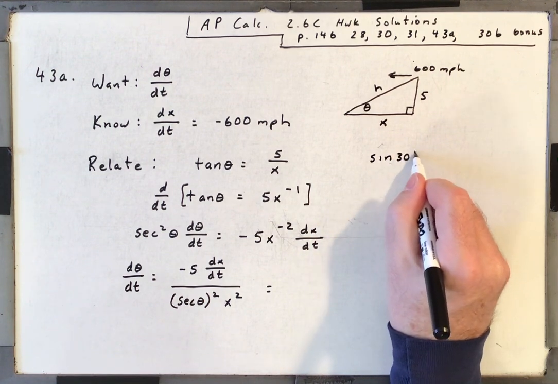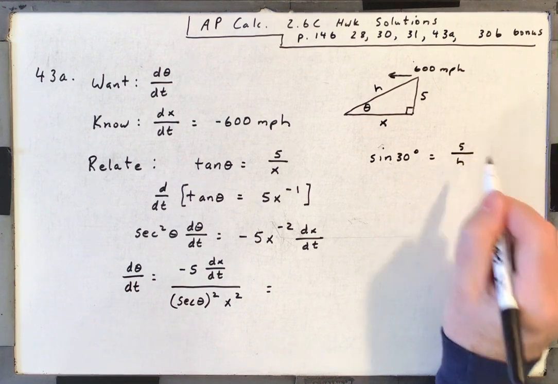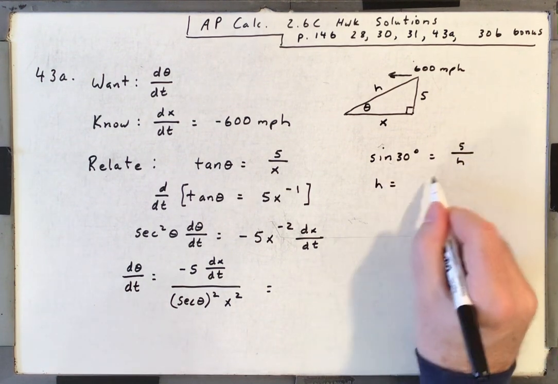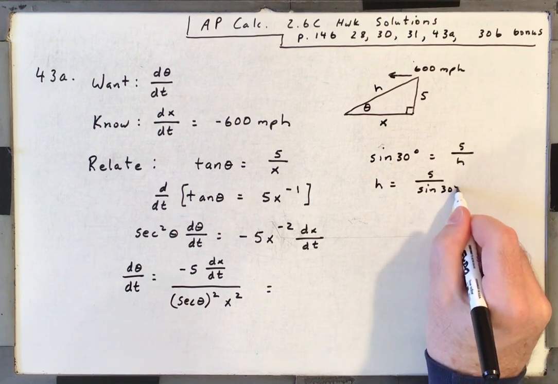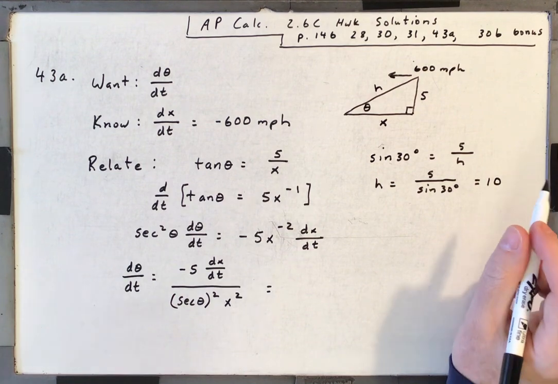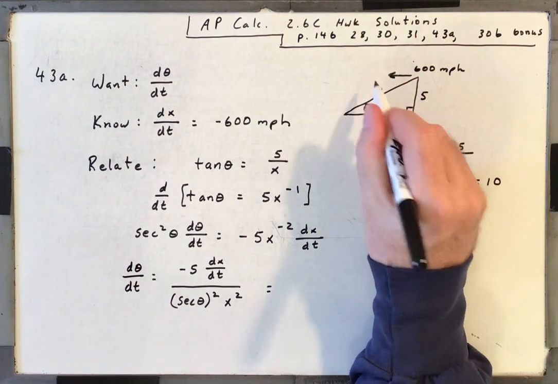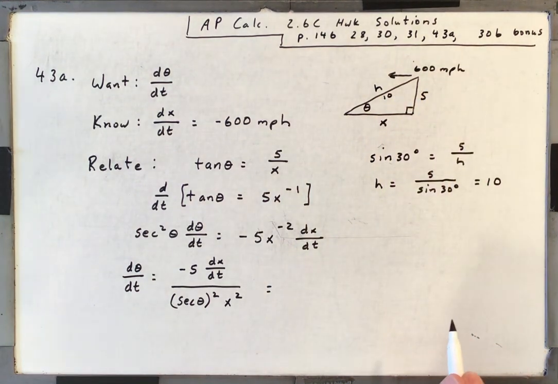The sine of 30 degrees is equal to 5 over h. So h is equal to 5 over sine 30. Sine 30 is a half. So h is going to be 10 at the time we're interested in. Okay, so that hypotenuse is 10.